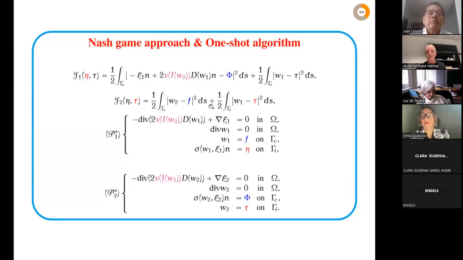But so I have linear PDEs. I have elliptic linear equations. I'm very close to use previous results.